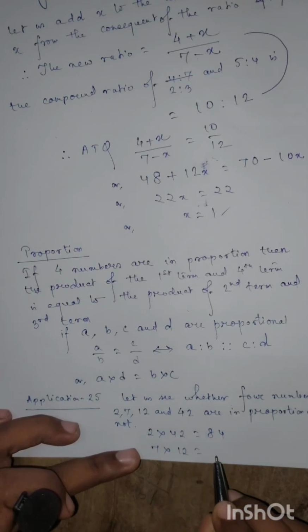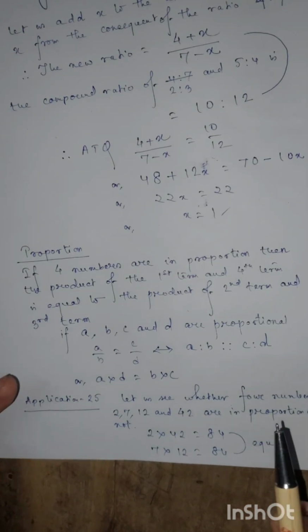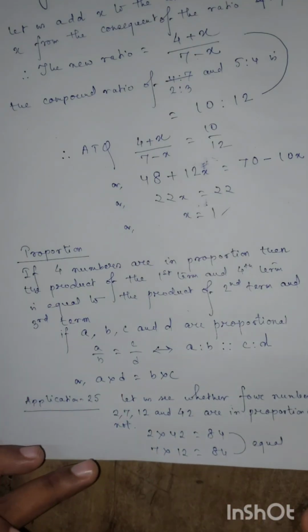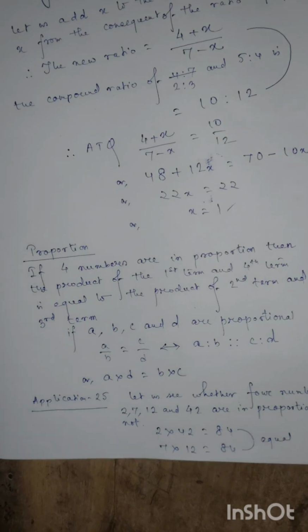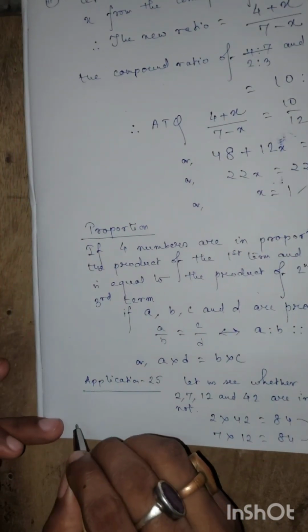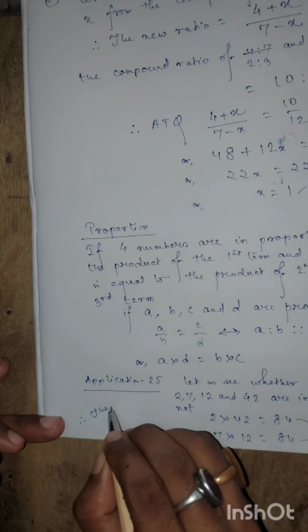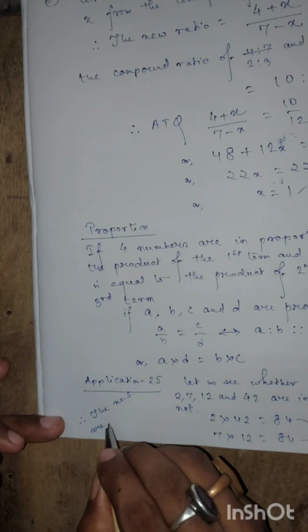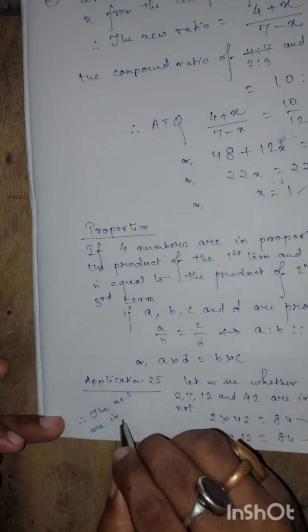We are again getting 84. These two are equal. So when the product of extreme terms is equal to the product of middle terms, we can say these four numbers are in proportion. Therefore, the numbers are in proportion.